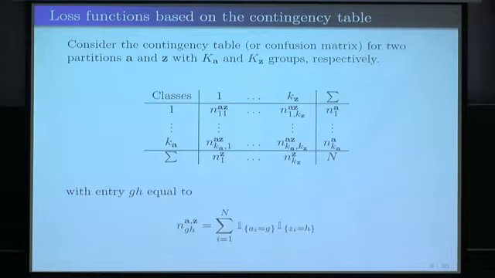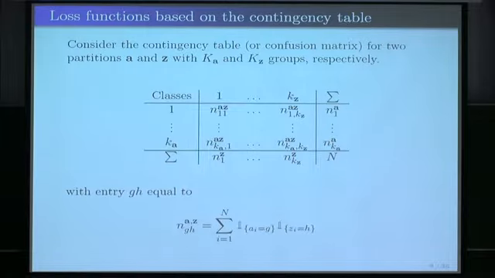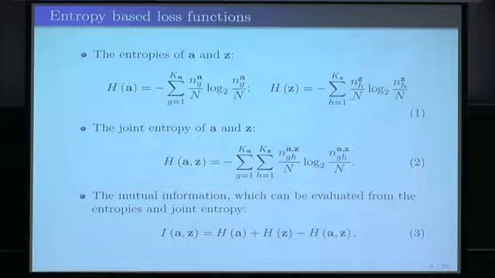Okay, so based on this contingency table, what's often done is to consider various quantities associated with the probability mass function. Think of this as a joint distribution normalized by capital N, or the column totals as a probability mass function, or the row totals as a probability mass function. So we can think about the entropies of each of those quantities, HA, HZ, and the joint entropy for A and Z together.